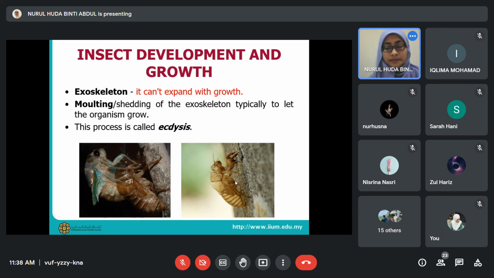You have to understand that the molting process actually allows this insect to expand their growth. Since exoskeleton is very hardened, how to expand the growth? So it has to shed, buang kulit lama and then keluarkan kulit baru, which is awalnya, like I said previously, very soft, and then it will go through the hardening process, which we call sclerotization. So the whole process of molting, we can call ecdysis.